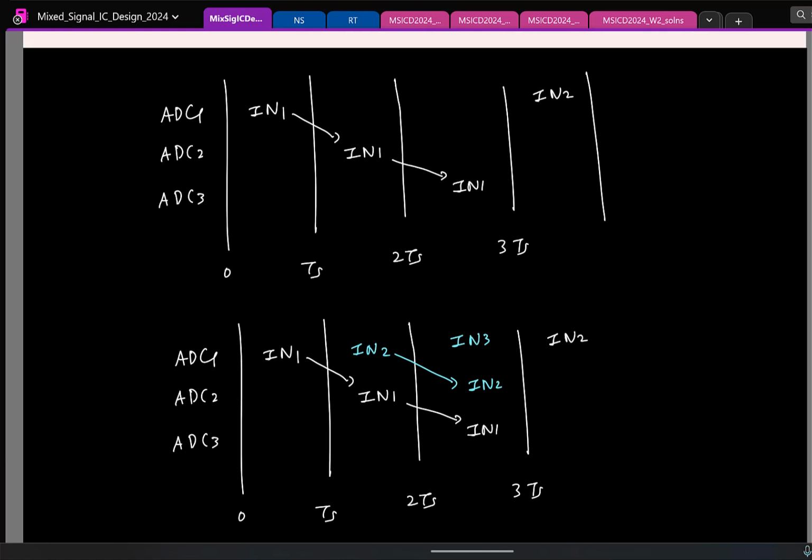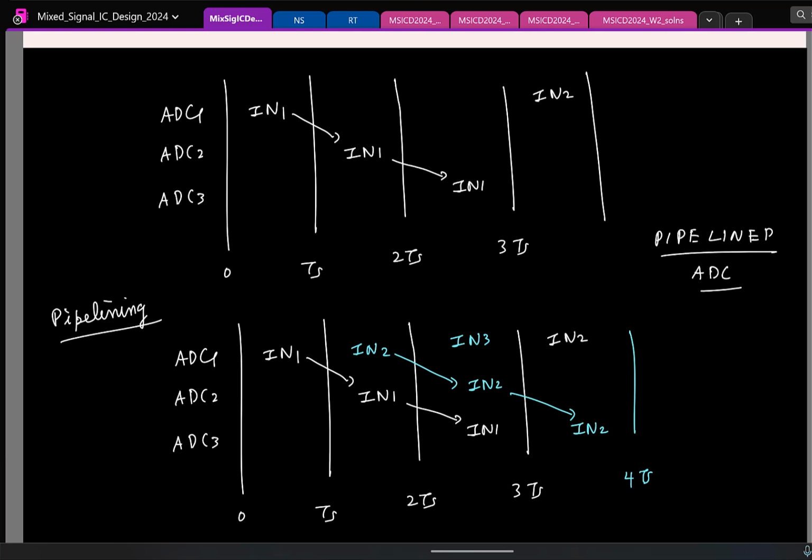The first signal comes after the third clock period, but in the fourth clock period I can get the second output. What is this technique called? Pipelining. And when we do this, this is called the pipeline ADC. So the same multi-step n-step ADC, if you pipeline the operations, that will be pipeline ADC.